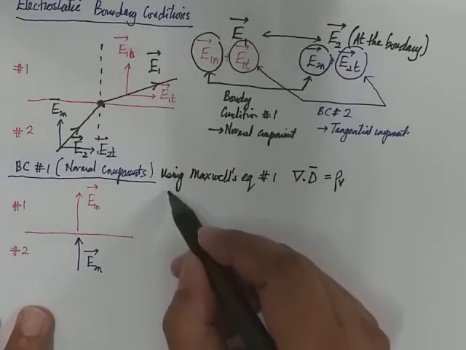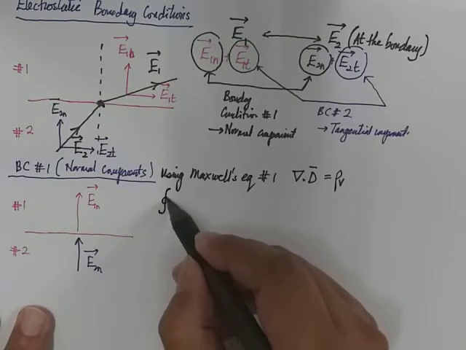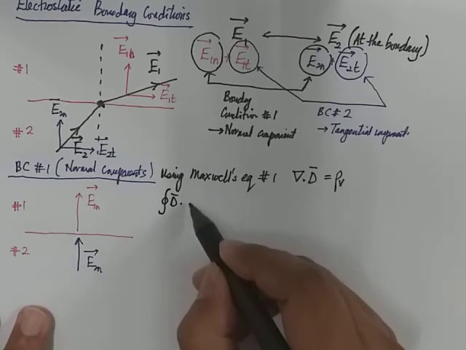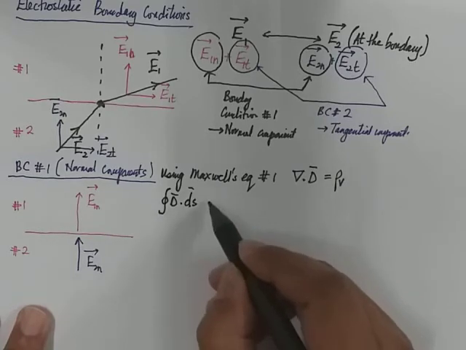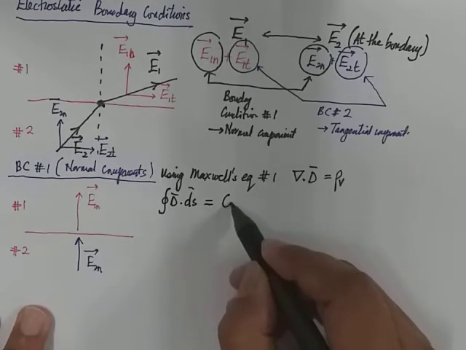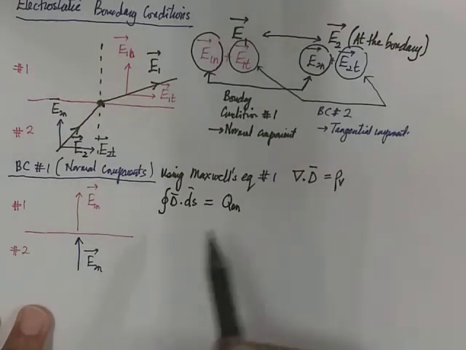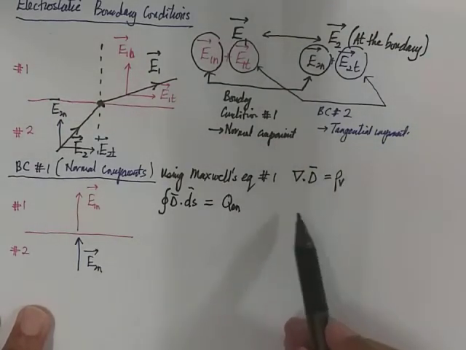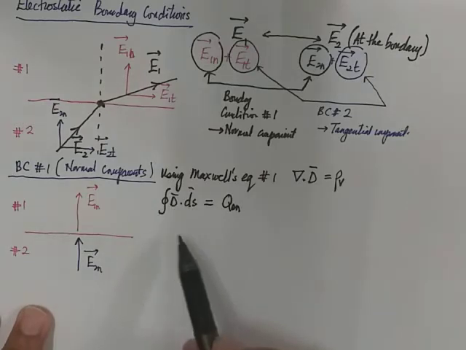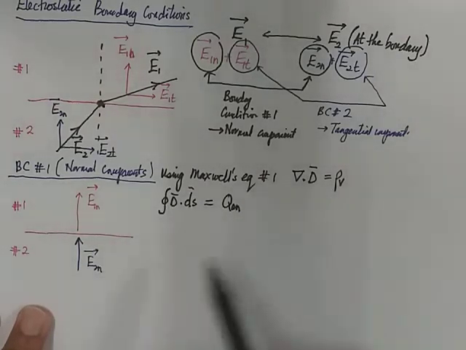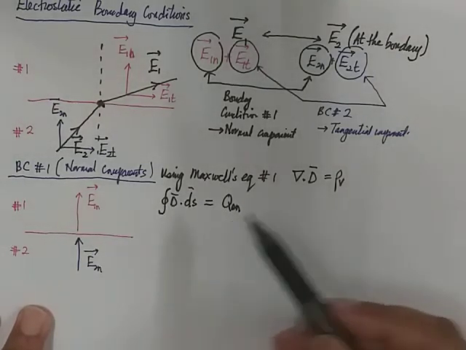We're going to say that D dot ds is equal to what? Anyone remember this equation? Yes, Gauss Law equation, Q enclosed. They are the same. This is known as point form. This is known as integral form. They are the same equation, so I can use either one.